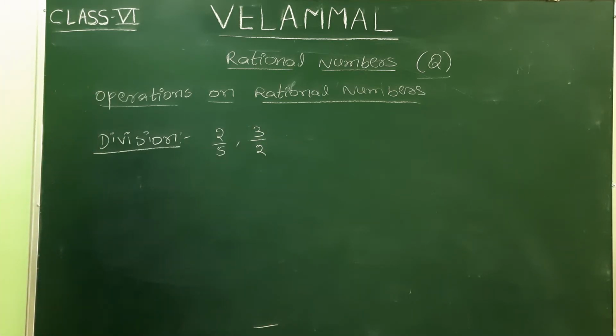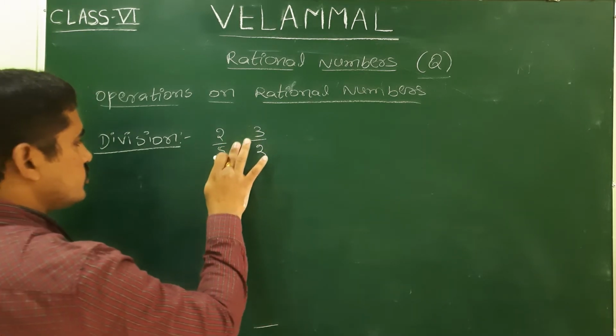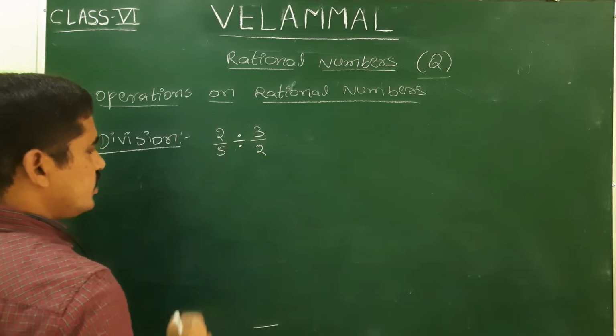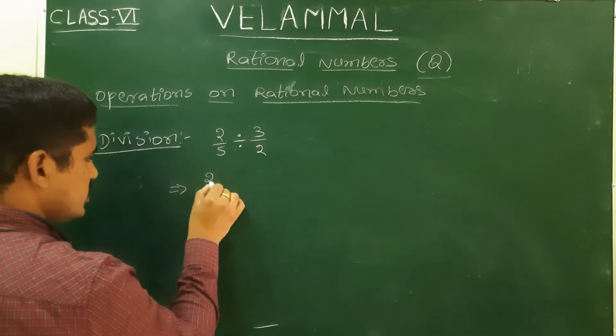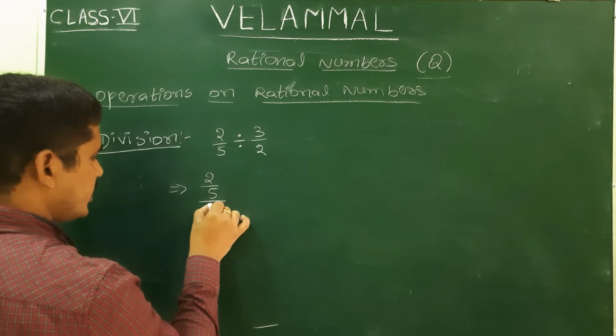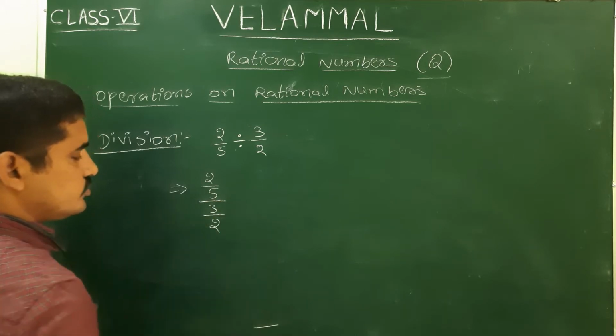If the question asks to find the division, 2 by 5 divided by 3 by 2, it is nothing but 2 by 5 over 3 by 2.